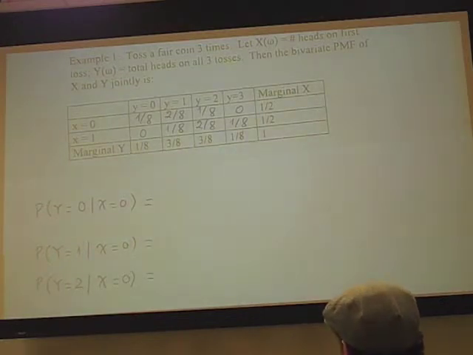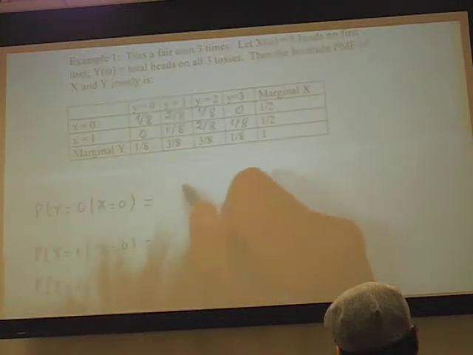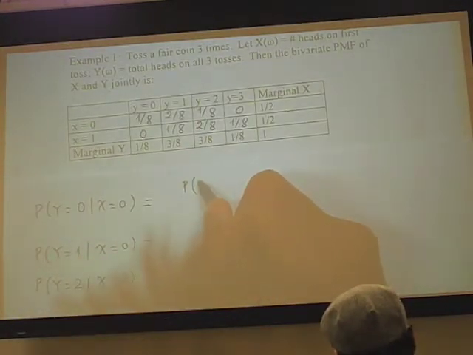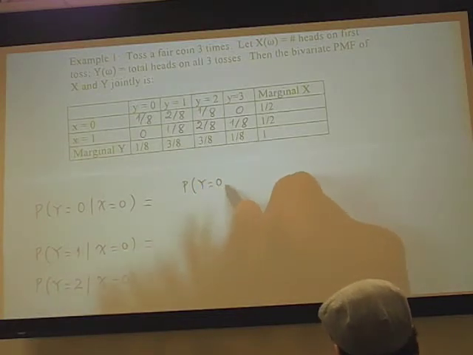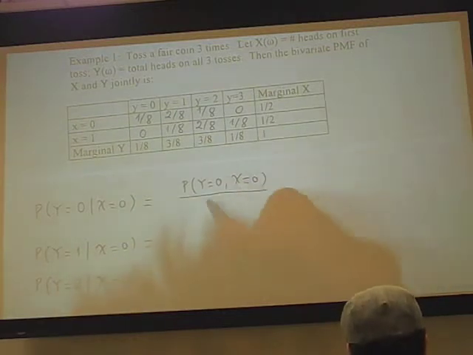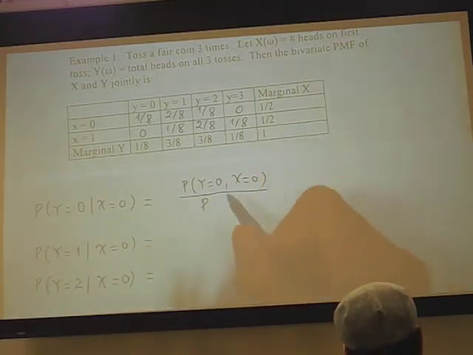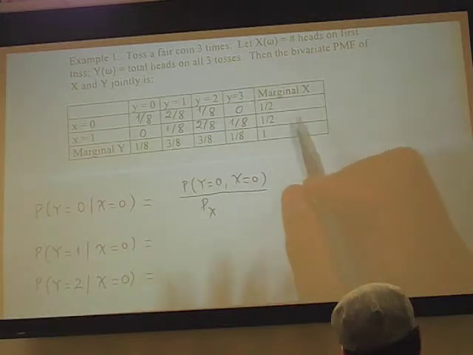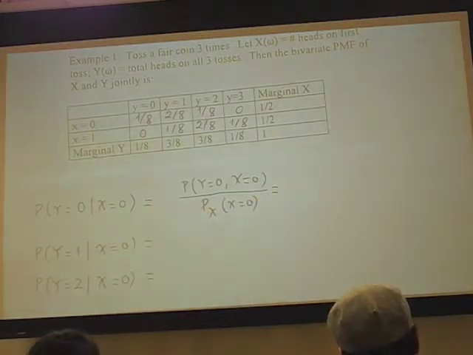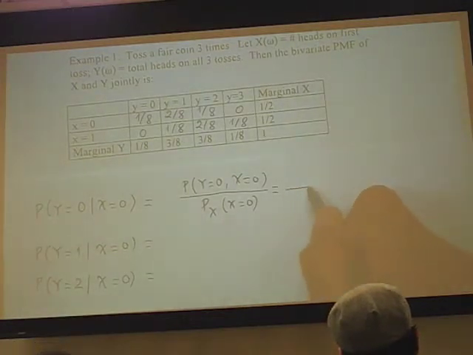Okay? Do this one for me. What is this? Probability of y equal to 0 given x equal to 0. That's the probability of y equal to 0 and x equal to 0, right? Divided by the marginal probability when x is 0. Yep. Now let's do it step by step.